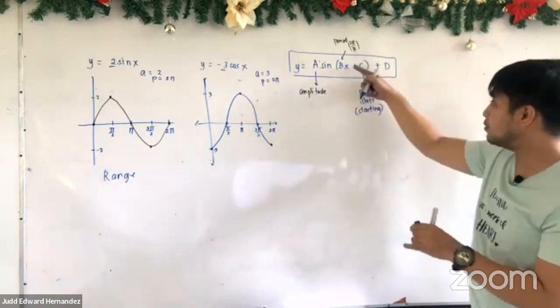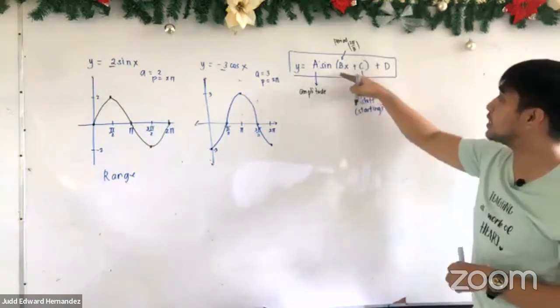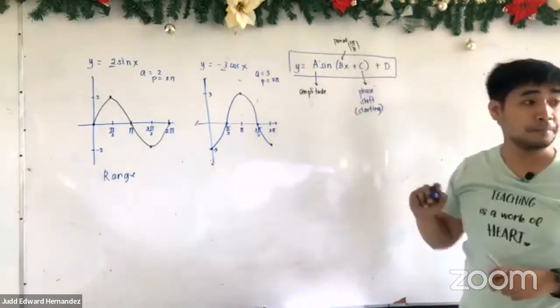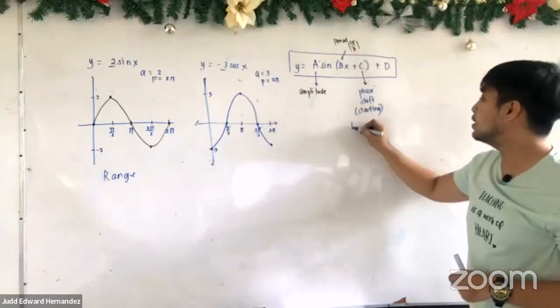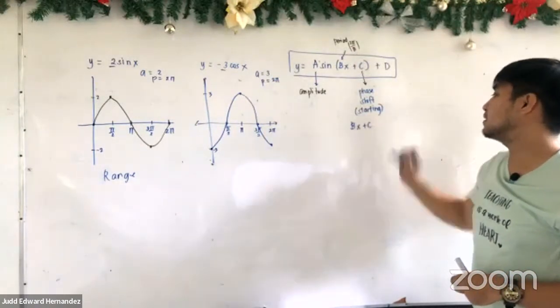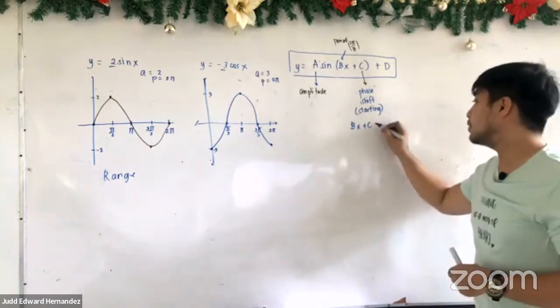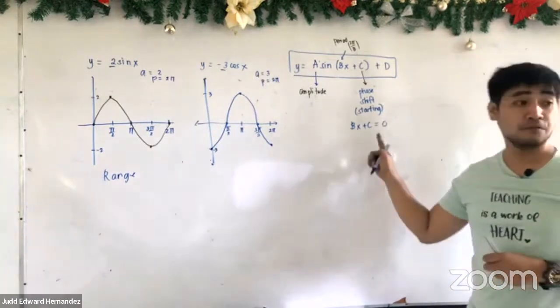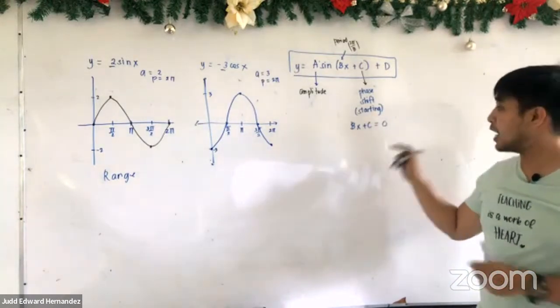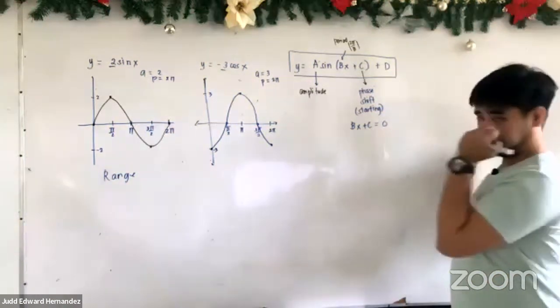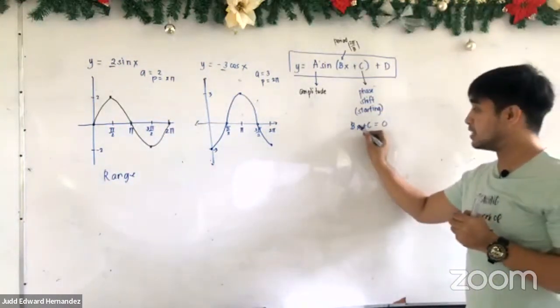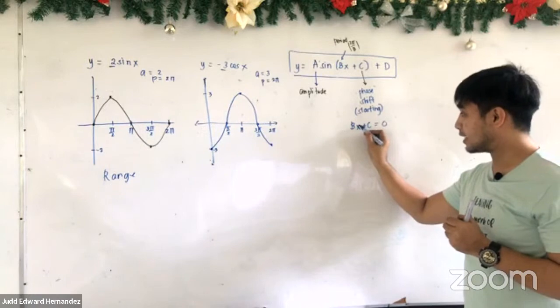Okay? So para makuha yung phase shift, all you have to do is to get the value na nandun sa loob ni parenthesis. That is bx plus c, and equate that to 0. Ito po yung formula sa phase shift ha. Therefore, ang kukunin lang natin ay si x.